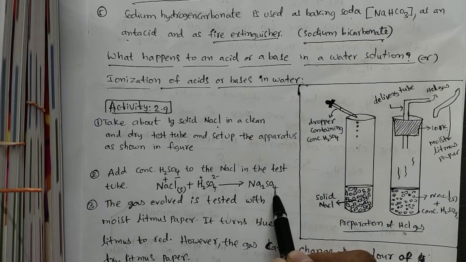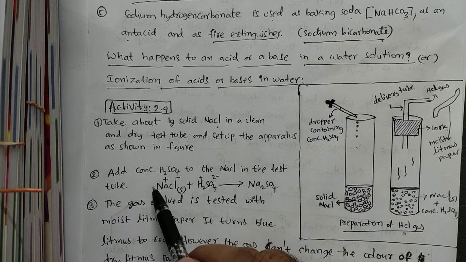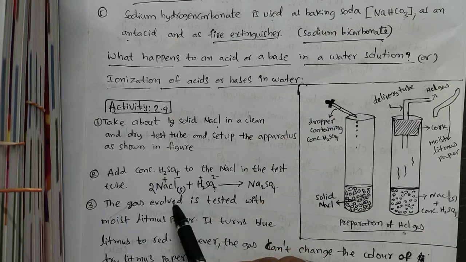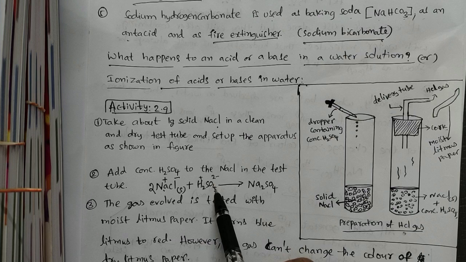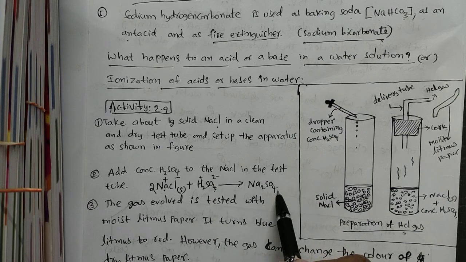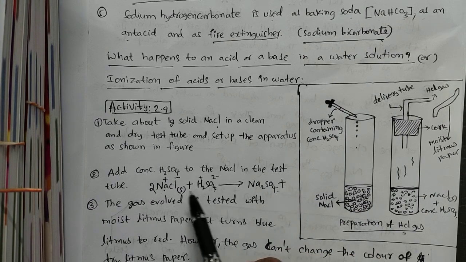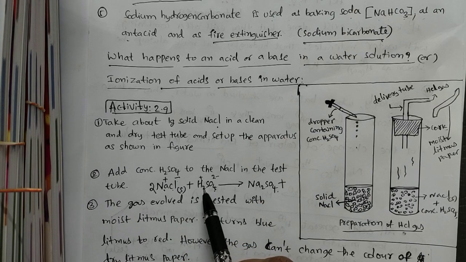Na2SO4. Since the charge on the sulfate ion is 2 minus, we need 2 sodium plus ions to balance the charge. That is the reason why 2 sodium cations react with 1 sulfate anion to form sodium sulfate. Then there are 2 Cl minus ions and 2 H plus ions.